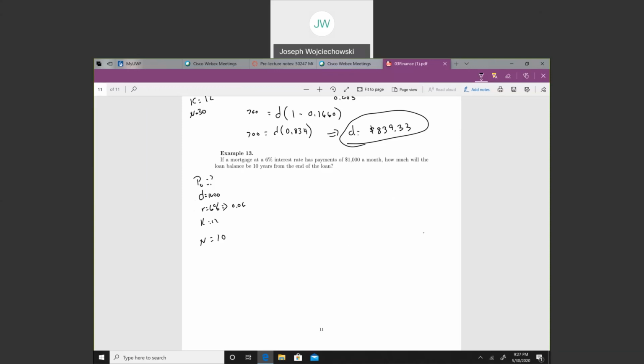That principal is equal to D, which is 1,000, times 1 minus 1 plus R, 0.06 divided by K, 12, to the negative N, which is 10, times K, which is 12, all over R, 0.06 divided by K, 12. We have 1,000 times 1 minus, and this is at 1.005 again. This is to the negative 120th power, and over 0.005.